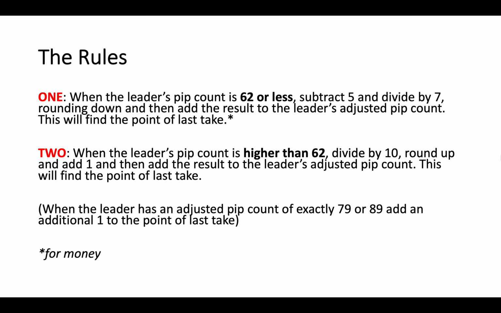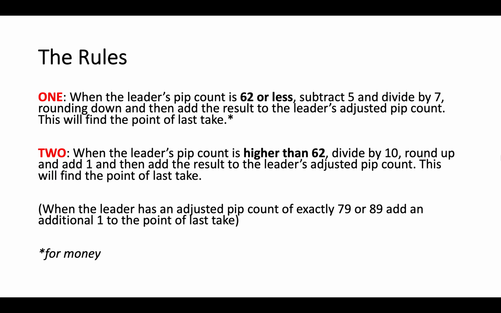Now, when the leader's pip count is higher than 62, the calculation is slightly different because we divide that total by 10 and we round up instead of down and add 1, adding the result to the leader's adjusted pip count to find the point of last take. Now, it's worth mentioning that this is for money, not for match play.